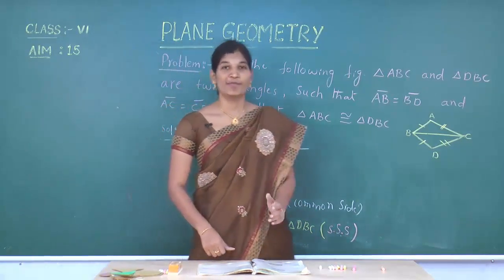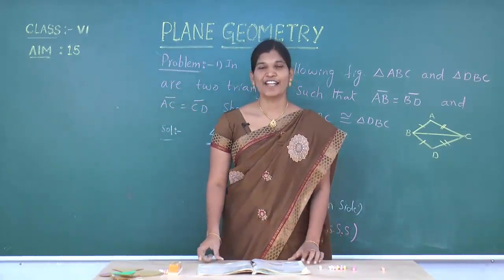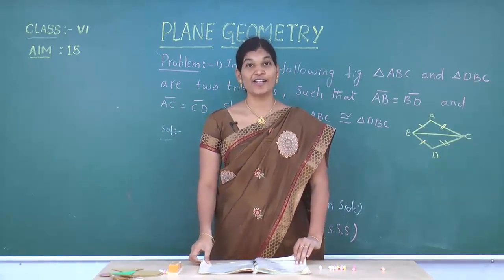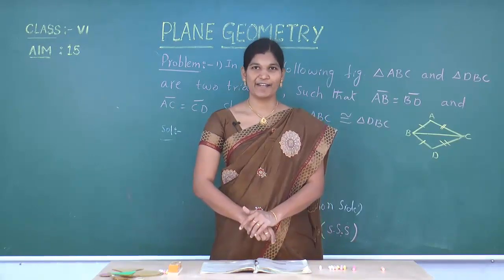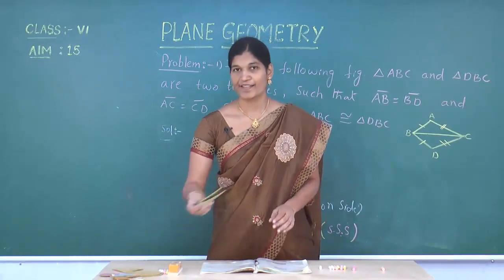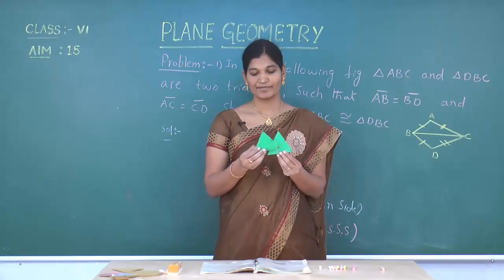And now let me show you some figures. Now tell me whether they are congruent or not. If they are congruent, by which axiom they will satisfy. Observe these two triangles.